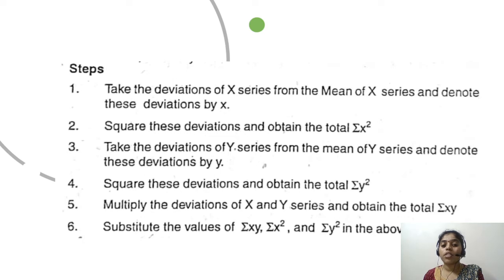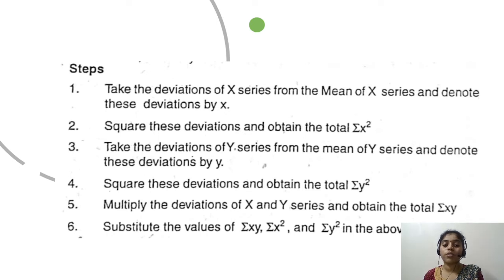The third point is take the deviation of the y series from the mean of the y series and denote this deviation by small y. The fourth one is square this deviation and obtain the total summation y square. Come to the fifth step: multiply the deviations of the x and y series and obtain the total summation xy.